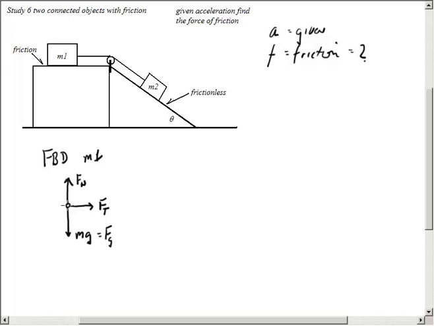And then we have the frictional force acting in the direction opposite the motion. And we are assuming that our acceleration is in this direction. Remember that our acceleration is our given. We will set our xy axis so that y is aligned along the normal force and x is aligned along the direction of acceleration.